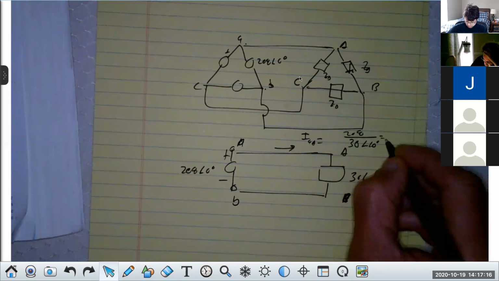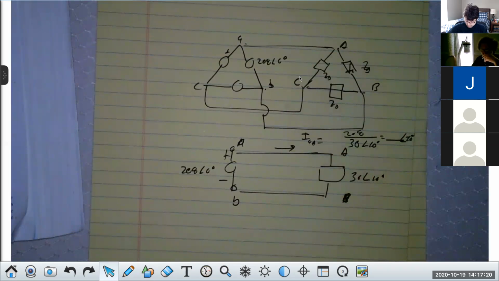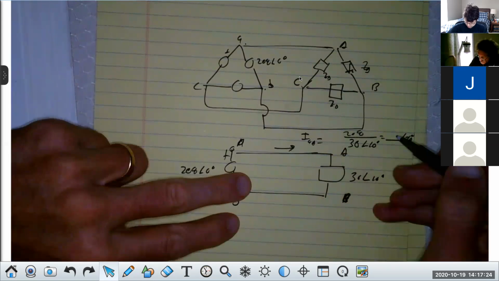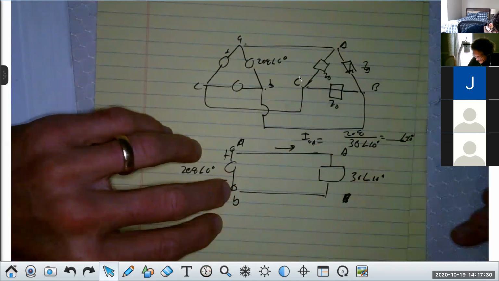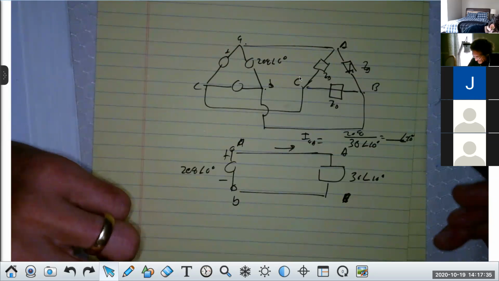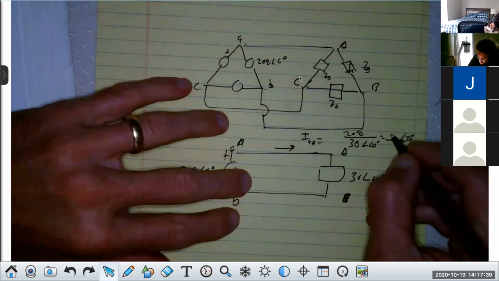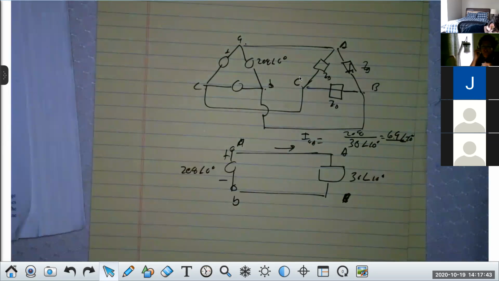That means it's going to have a magnitude and the angle would be minus 10 degrees. Can everybody follow me on that? What do you get for this? 208 over 30. 6.933. 6.9 for now. Approximately.